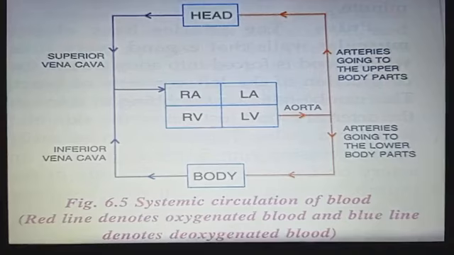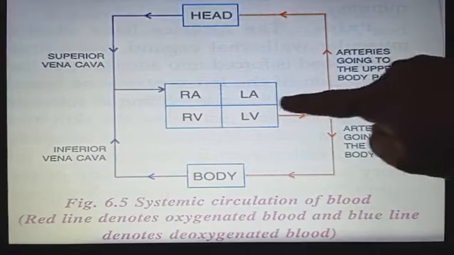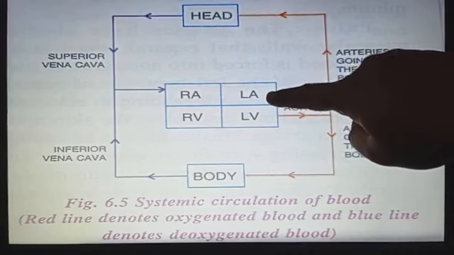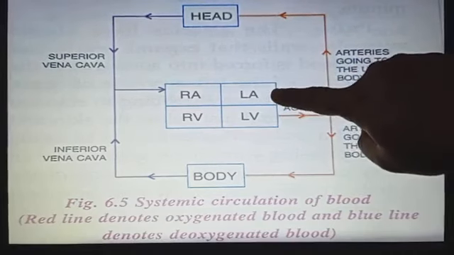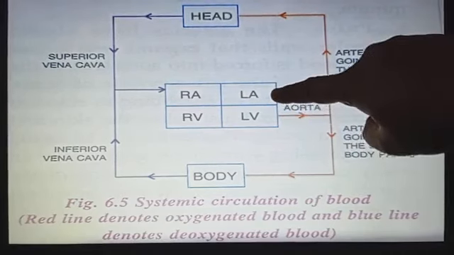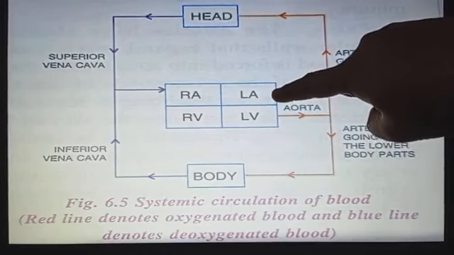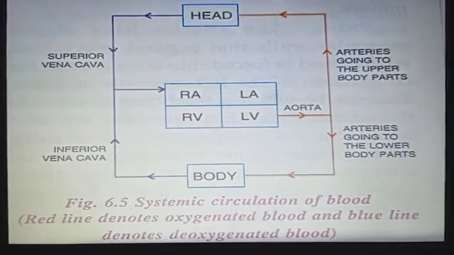Now, what happens in this circuit? The oxygenated blood from the left auricle. Where is the left auricle? Here is the left auricle. So, which blood was brought here? The oxygenated blood was brought here through the pulmonary vein.